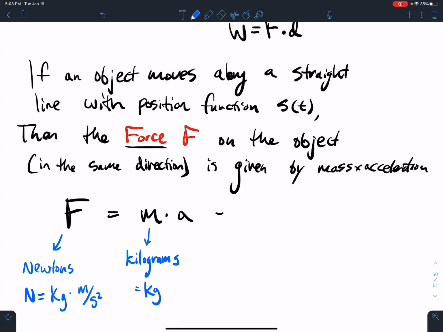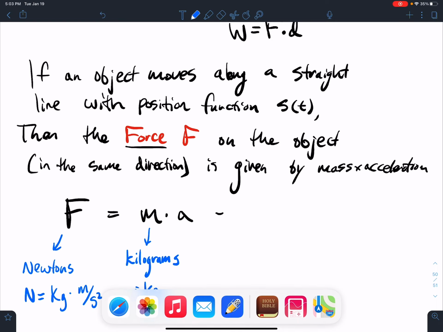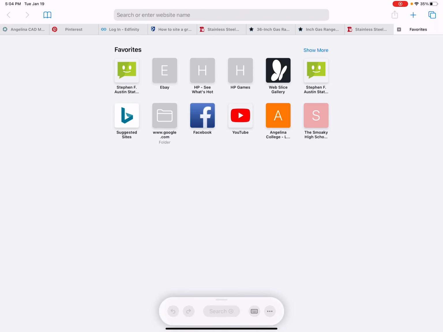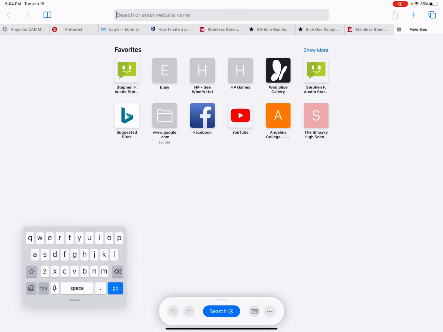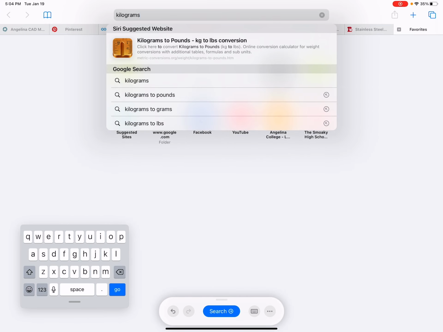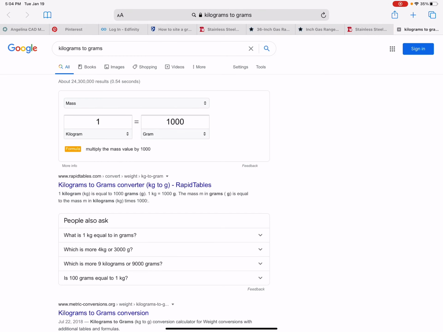Now, something we need to be aware of is the conversion of kilograms. So make sure you know how to convert between kilograms and grams and so on, right? So if I went in and said, okay, kilograms to grams, there's 1,000 grams in a kilogram.